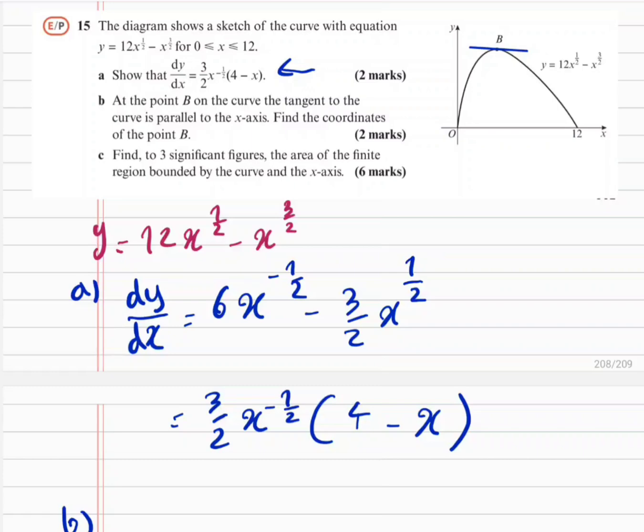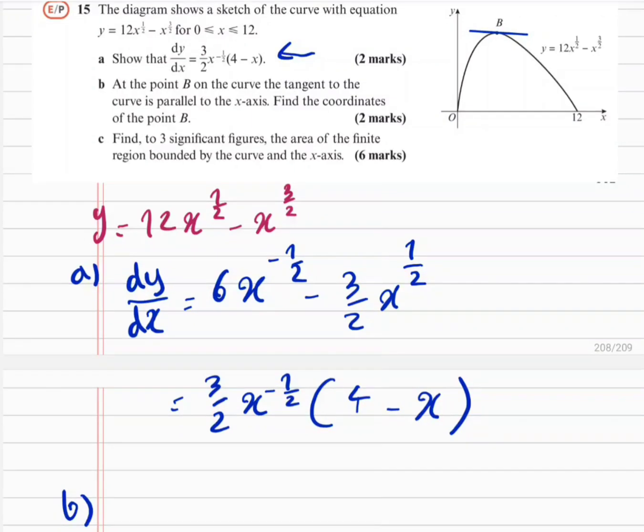And we should remember that the x-axis is just a horizontal line, and any line parallel to the x-axis, which is another horizontal line, always has gradient 0. So the tangent at B has gradient 0, and gradient 0 happens at a maximum or minimum. By that logic, the gradient at B is 0, therefore B is the maximum. In order to find the coordinates of B, we just need to find the maximum.